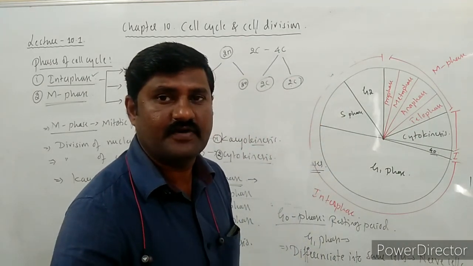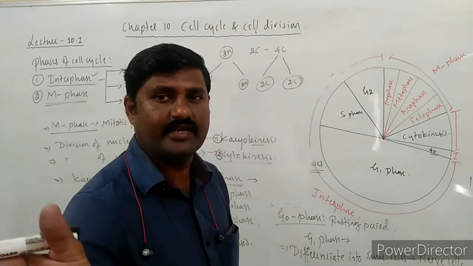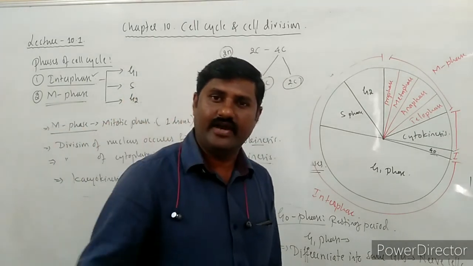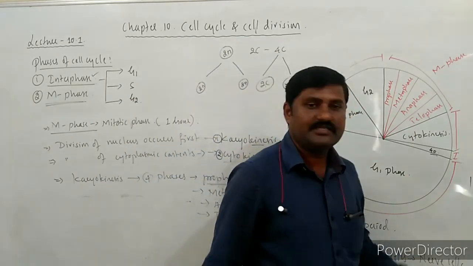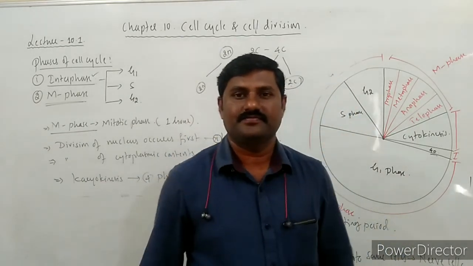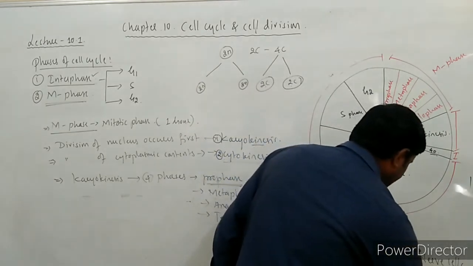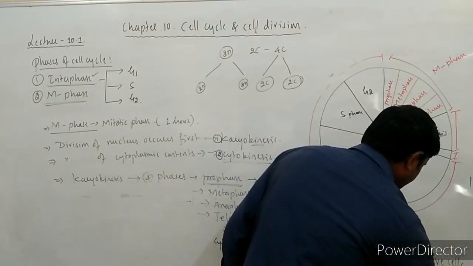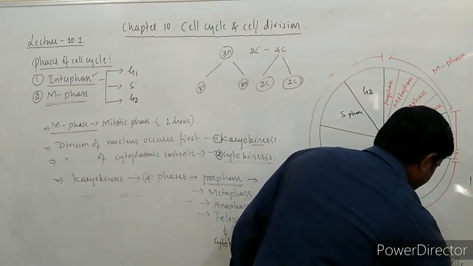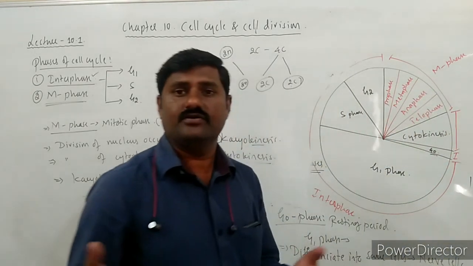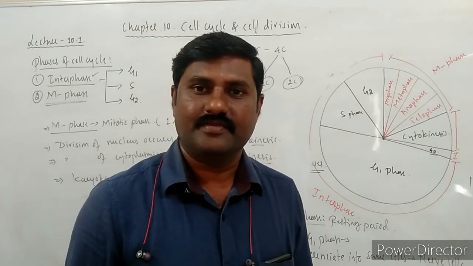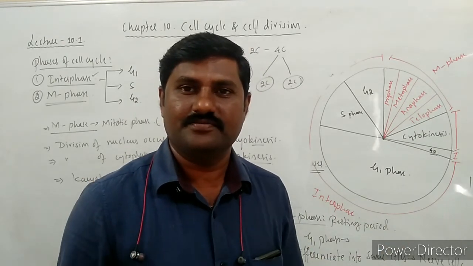If a nerve cell is formed, it does not divide itself. Alright? It is a matured cell. It starts to do one particular function. In the same way, the skeletal muscle cell also does not divide. It starts to do one particular function.